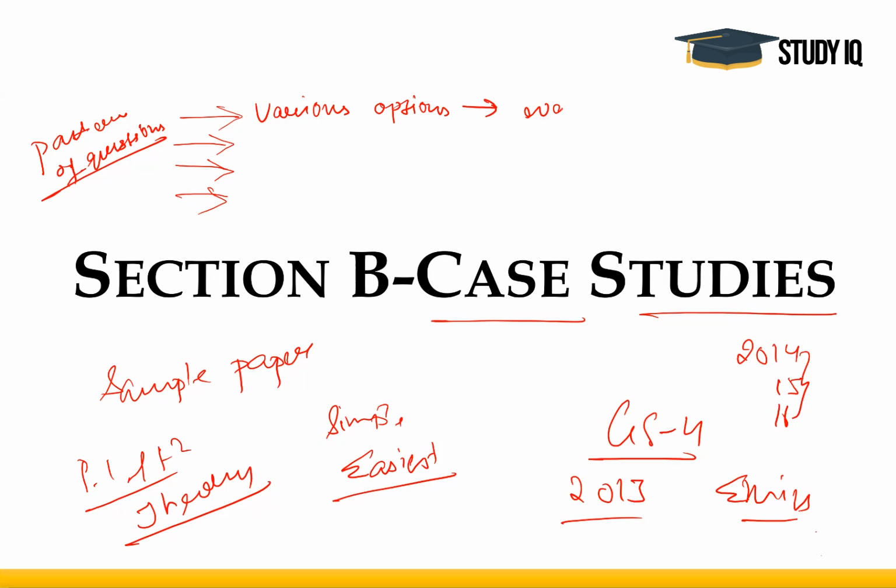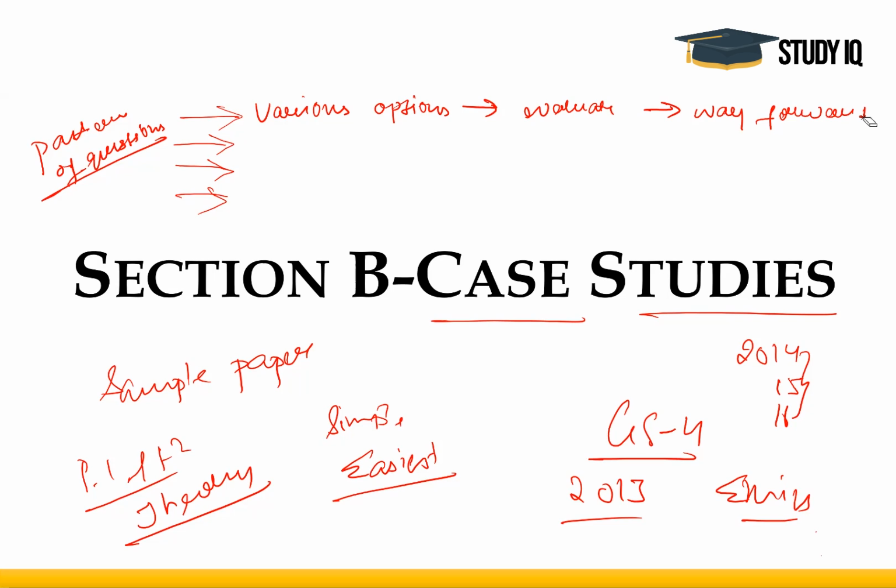You have to evaluate all those options and then give a way forward, either choosing from among those options or giving one more way forward which can be used in this case. Such case studies are asked almost every year. This year we have 2 or 3 case studies from this pattern, and in the further years also.